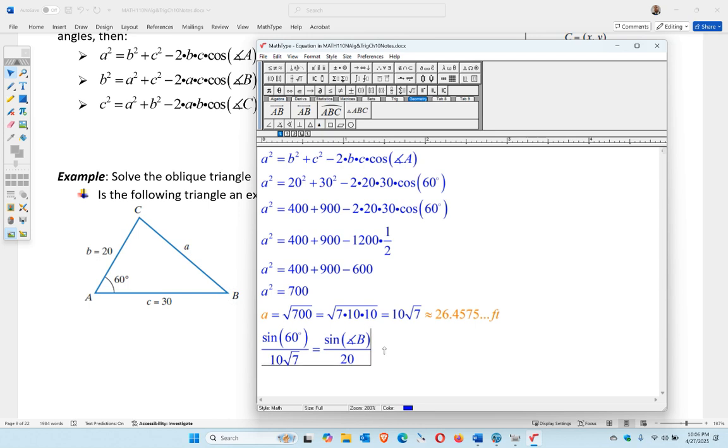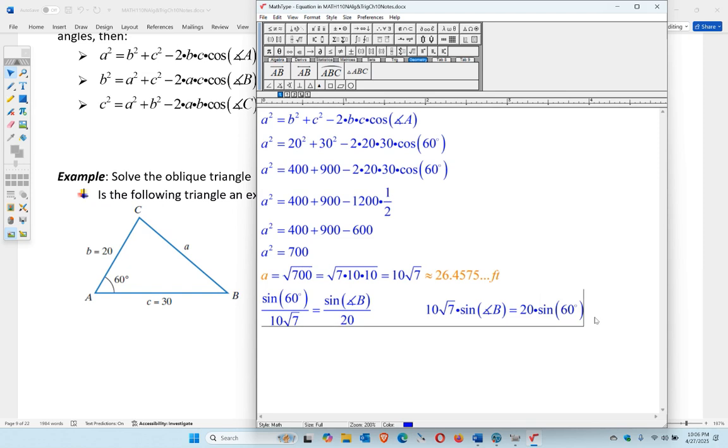Alright, if we do this and cross multiply, we get 10 root 7 times the sine of angle B equals 20 times the sine of 60. Now we can divide both sides by 10 root 7.